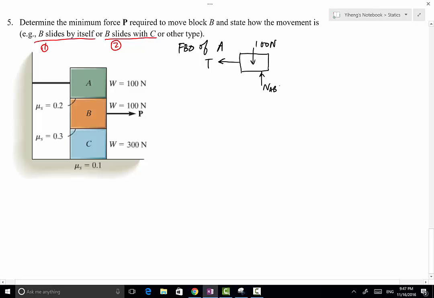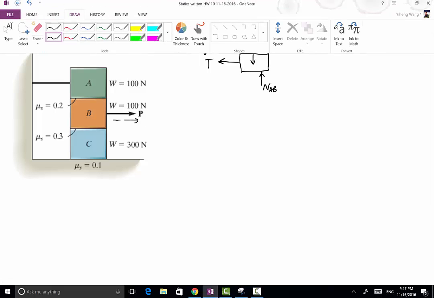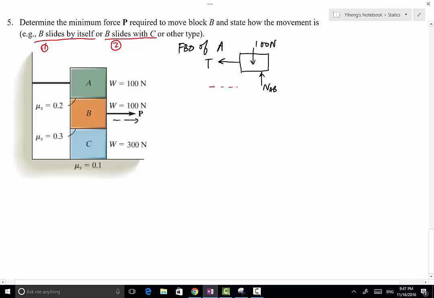And then because block B is going to move to the right, the relative motion of block A with respect to B is to the left. So the impending motion of A with respect to B is to the left.